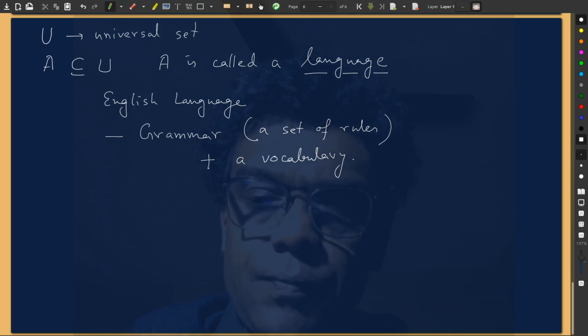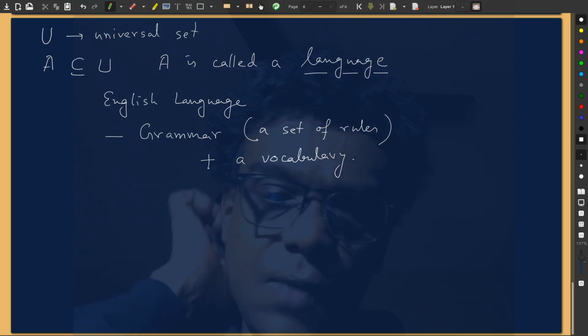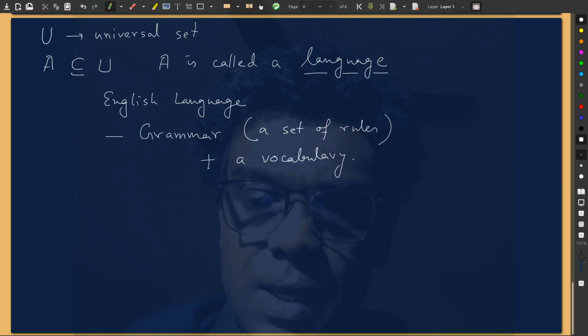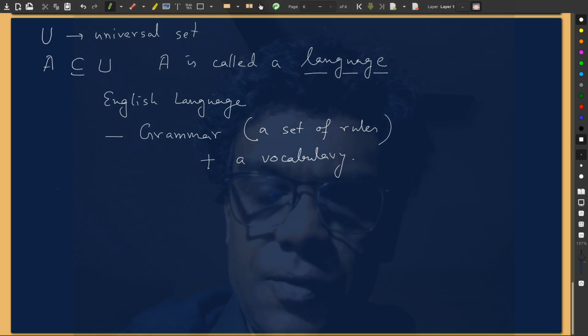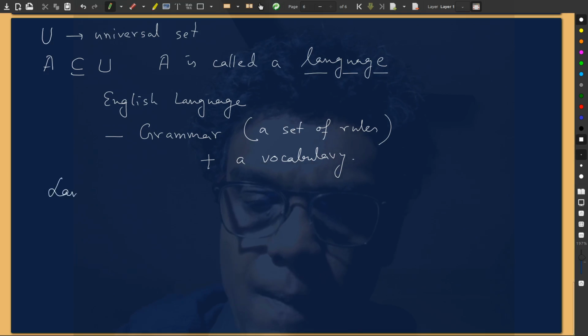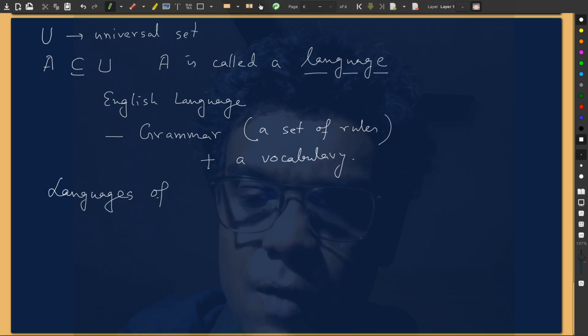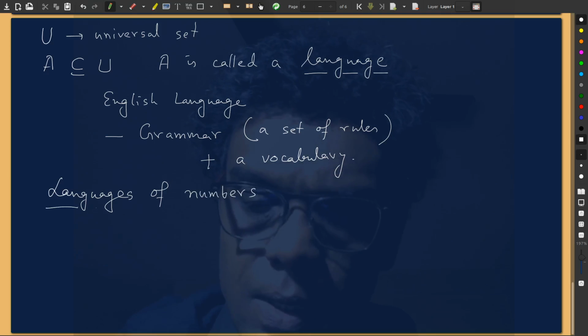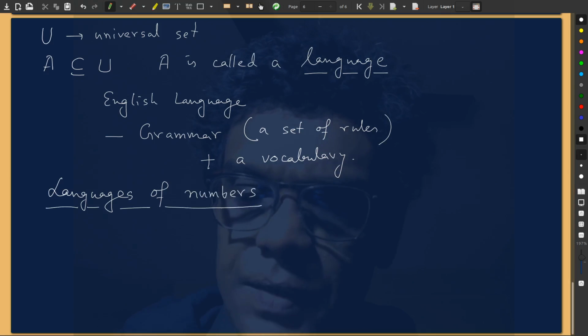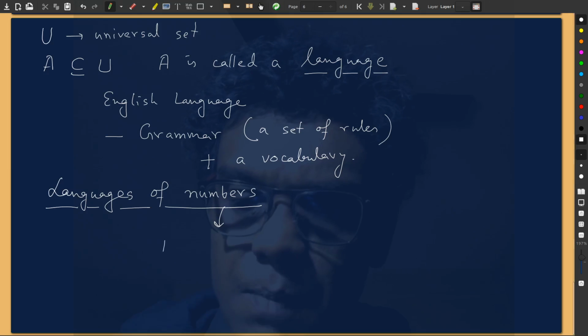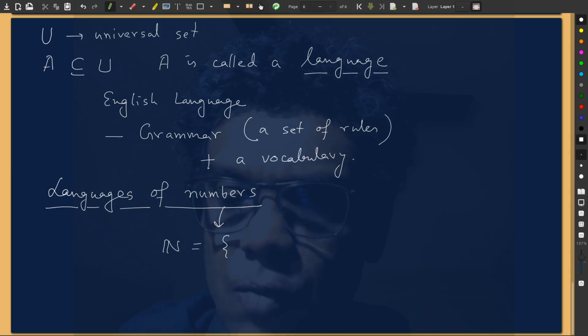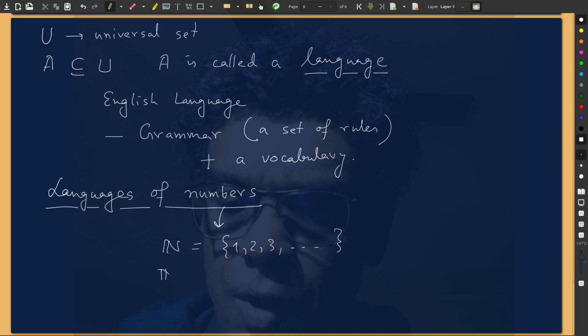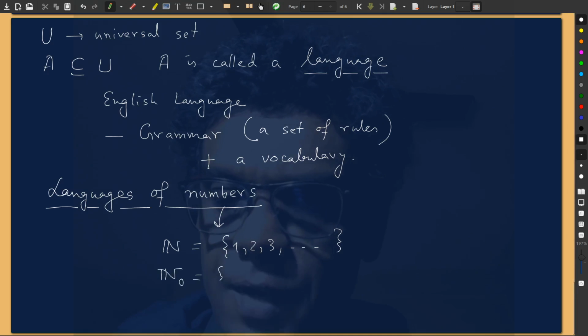Anyway, we will not talk about English language and similar things today. We will talk about what is called the language or languages of numbers. Okay. To make things more precise, I will mostly restrict our numbers to the set of natural numbers, that is 1, 2, 3, all positive integers. In some cases, we may also have to include 0 in our set of natural numbers.